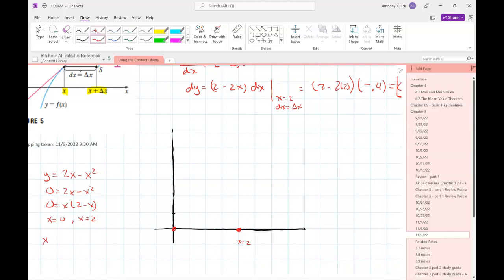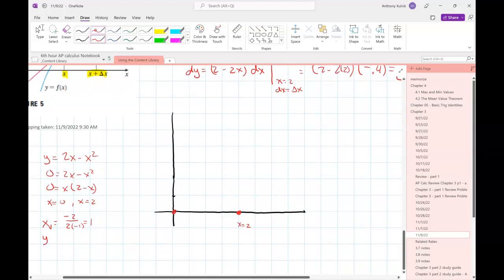And then I want the vertex for that parabola. How do I find the vertex of a parabola? Negative b over 2a. Yep. So negative 2 over 2 times negative 1, which is just 1.